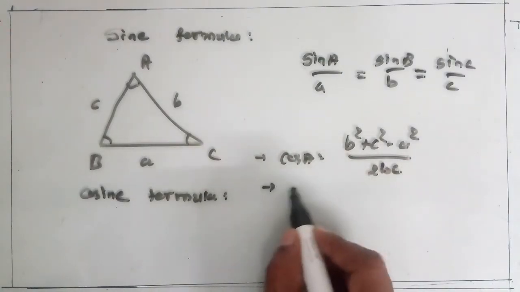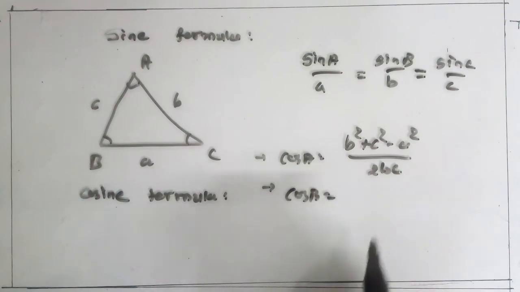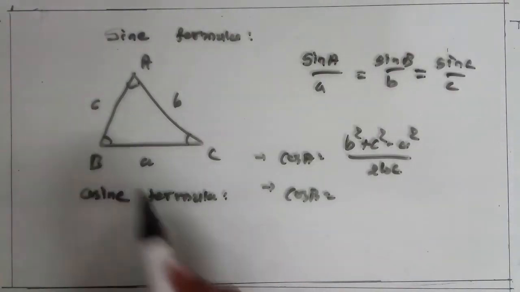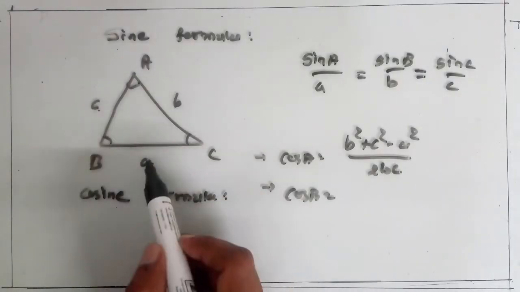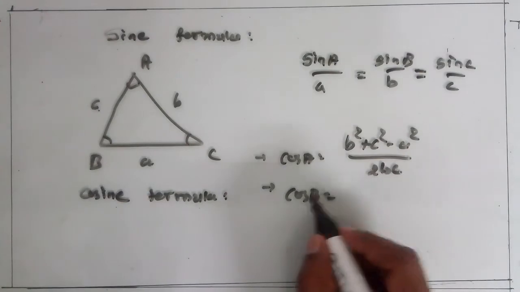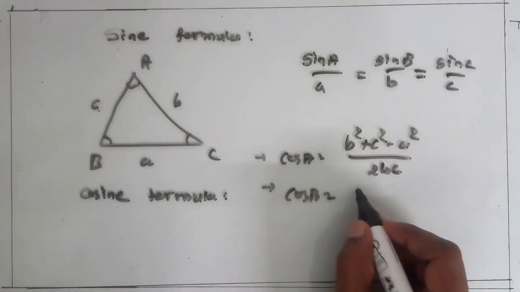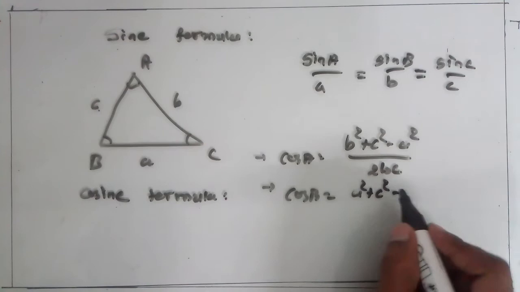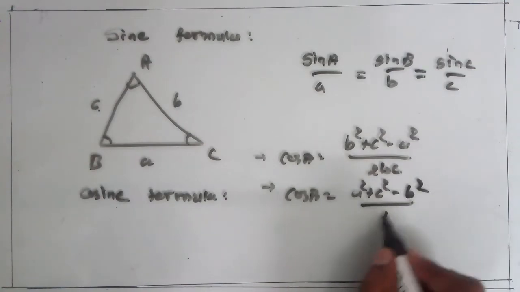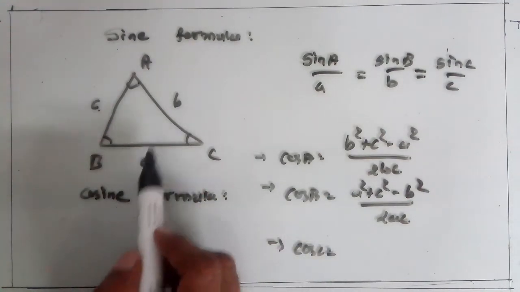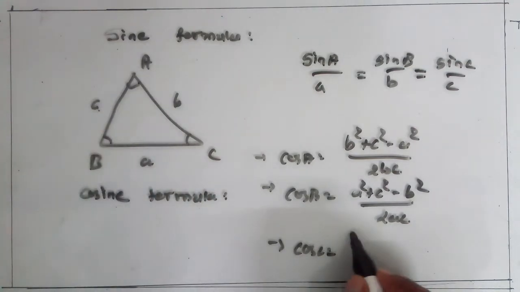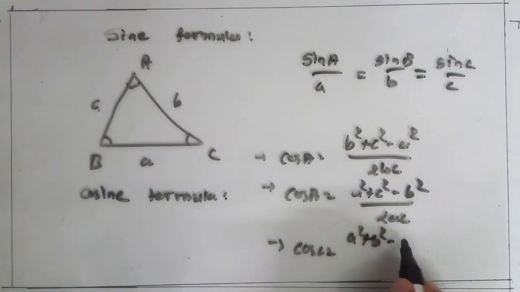Similarly, cos B, think how to get cos B. Cos B is equal to a square plus c square minus b square upon 2ca, or 2ac. And cos C is equal to a square plus b square minus c square upon 2ab.